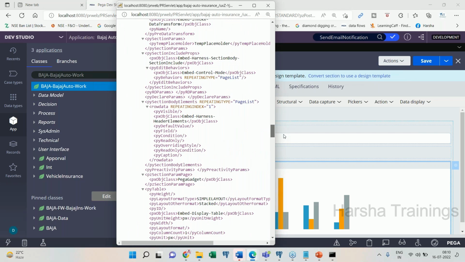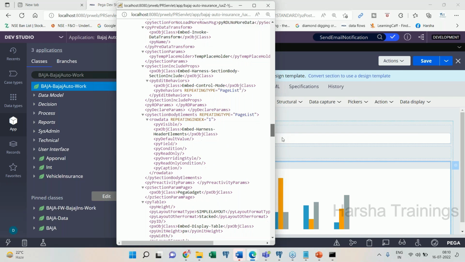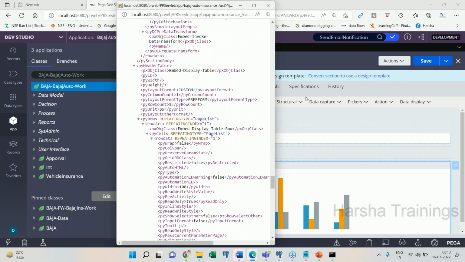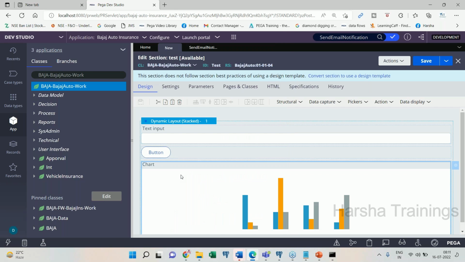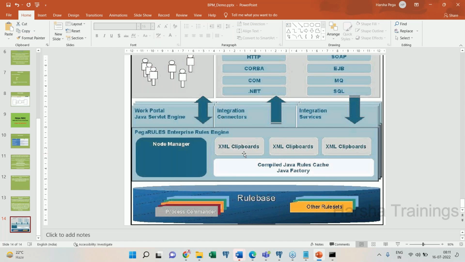That is for tool purposes, not for our purpose. Every parameter in this UI form will be converted into XML format for the purpose of security during internal processing. So the input that you provide to the PRPC system, and the output that you get out of it, everything internally will be converted into XML clipboards for security. That's why in the architecture of PRPC you see XML clipboards.